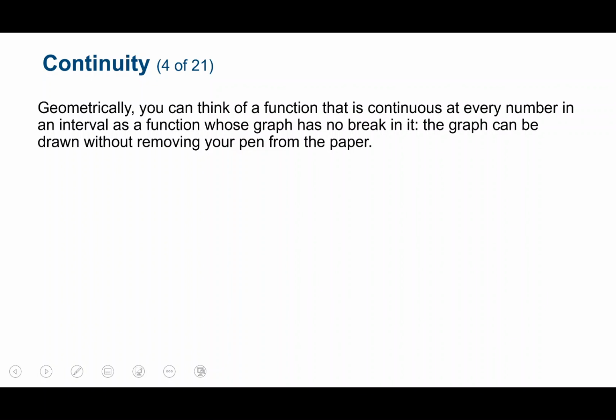Draw the graph without picking your pencil up. That's continuity. Anywhere you have to pick your pencil up would be a discontinuity. It's kind of what the name implies, right? Continuous, like you can continuously draw the graph without having to stop and pick up your pencil.